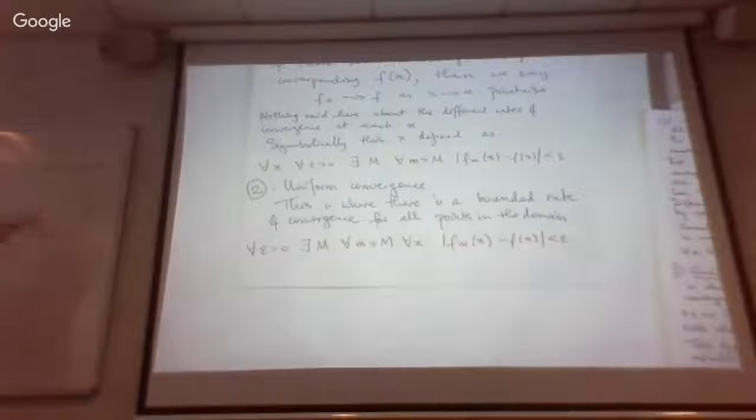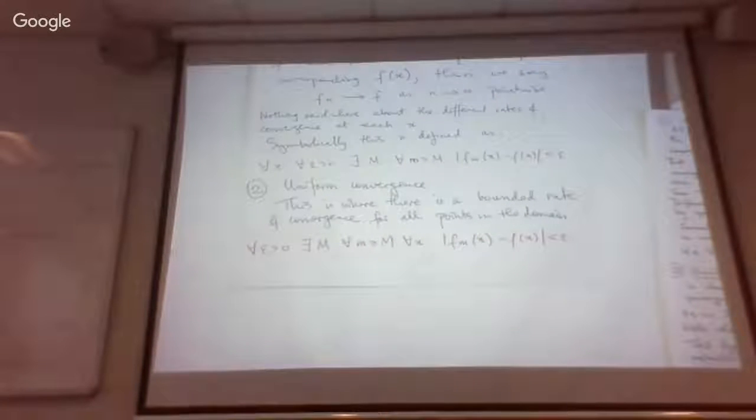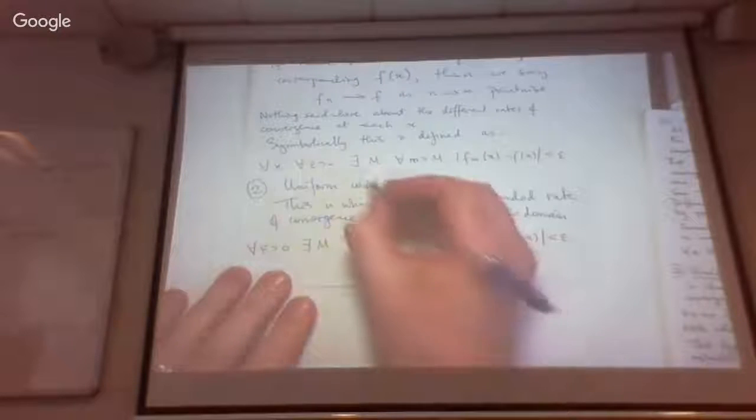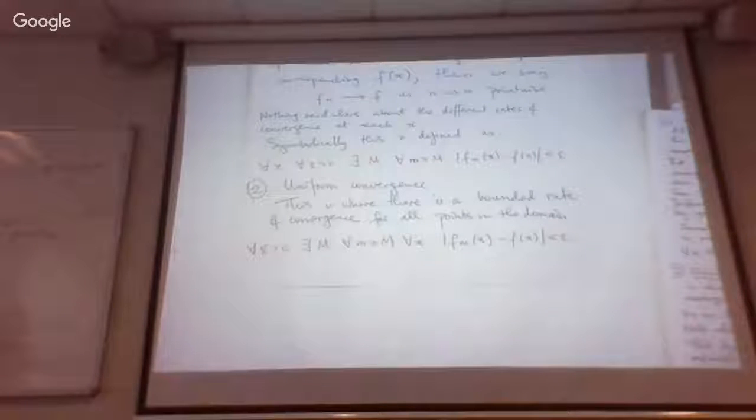Now in some ways that sounds very similar to what we just said in the pointwise convergence. And indeed, I've used exactly the same symbols to define it symbolically, but crucially, they're in a different order. The universal quantification over x in the pointwise case and the existential quantification over m have swapped positions here.